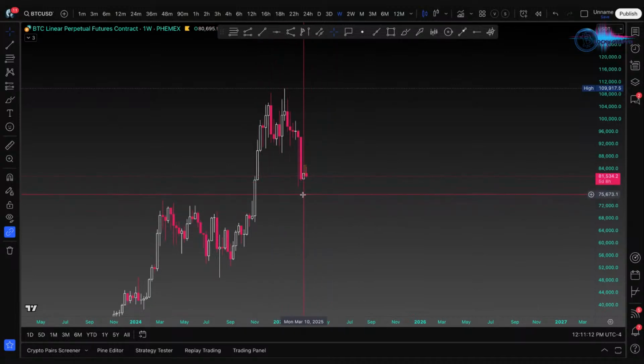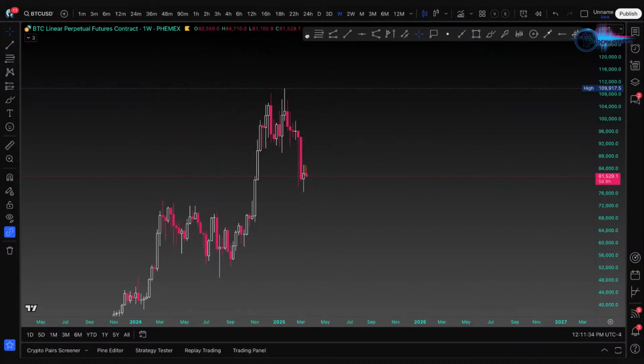Hopefully that will happen, come down into the 72K range, retest this last top here at 72. Whether or not that happens, it doesn't look like it wants to, but it may.